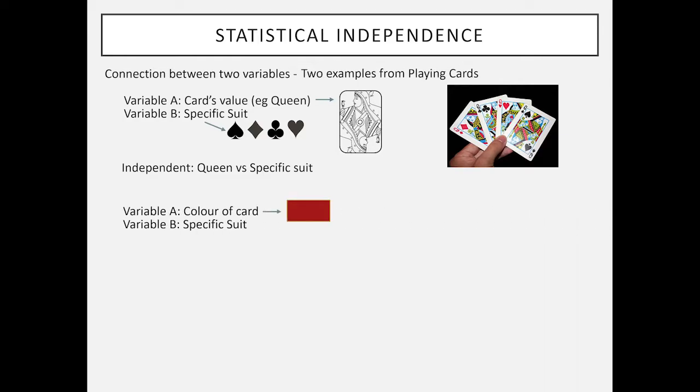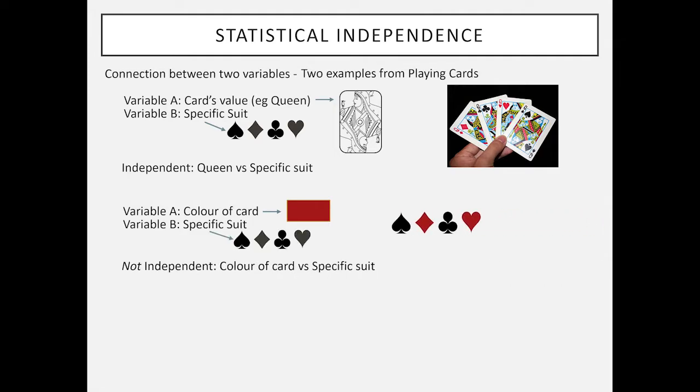Consider this other possibility, two variables A and B, but this time it's the color of the card. Does that help us to predict a specific suit? Well, in this case, it does, because we can say that if I know it's a red card, it can't be a spade or a club. It has to be a diamond or a heart. It doesn't help us to know exactly what the suit will be, but we use this information to help us predict what the suit will be.